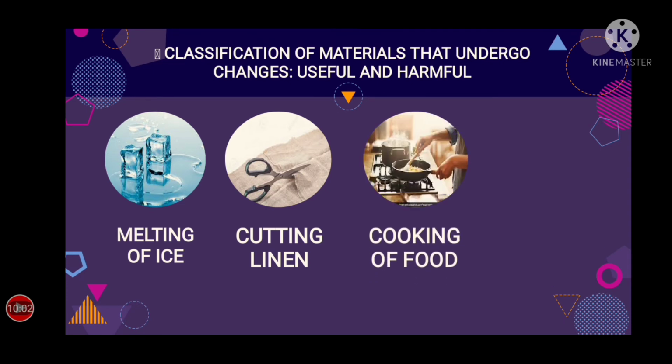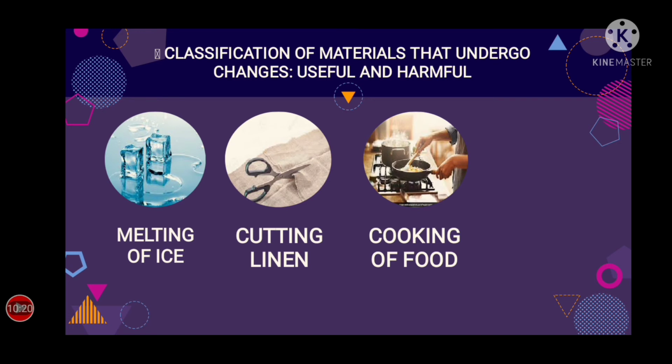Another is cooking of food. When does cooking of food become useful? So the substances are there, the nutrients of the food, as it gives a healthy, balanced diet and nutritious foods to our health.